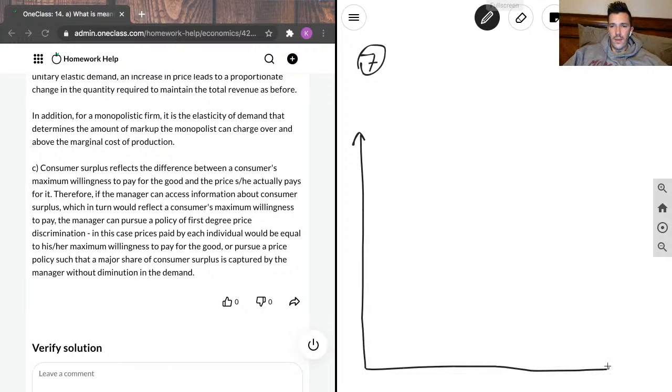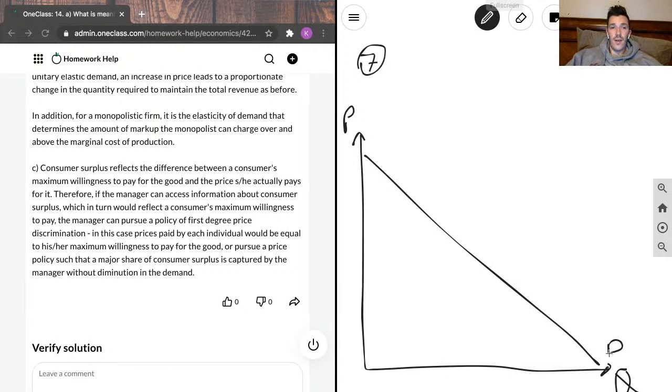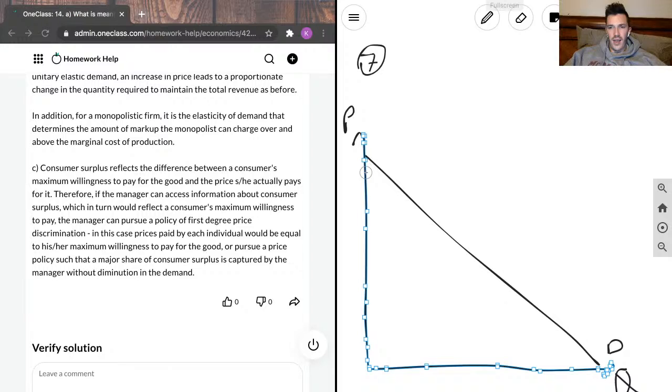our typical supply and demand graph, Q and P, and we've got demand sloping down. In first degree price discrimination, although nearly impossible to practice, we know that when looking at this demand curve, when the price is, say, 10, there are no people demanding it.